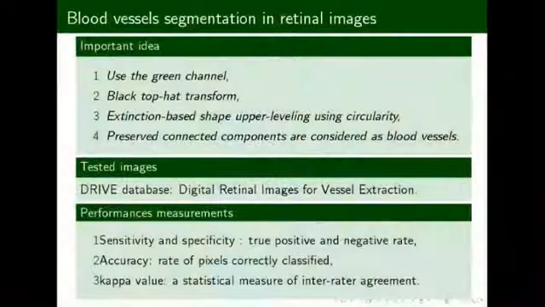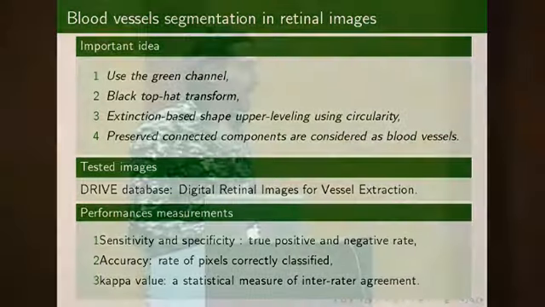Okay, some beginning, not a full application, but just an illustration of the power of the method. To blood vessel segmentation in retinal images, we use the green channel, first a black top hat transform to make the image straight. Then we apply the strategy, upper leveling based on circularity, and the connected components that stay at the end are the blood vessels.